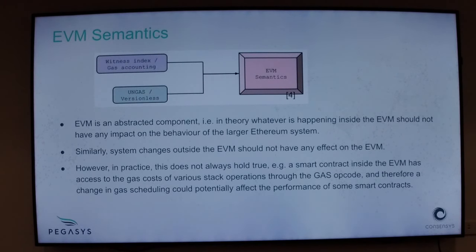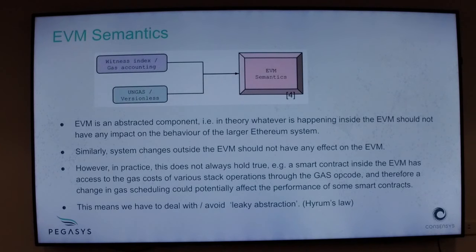For example, a smart contract inside the EVM has access to the gas costs of various stack operations through the gas opcode. And therefore, a change in gas scheduling could potentially affect the performance of some smart contracts. This means we have to deal with or avoid leaky abstraction.